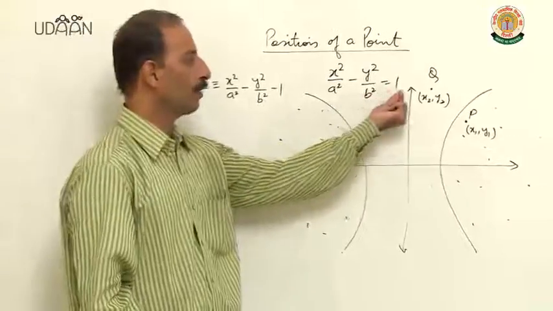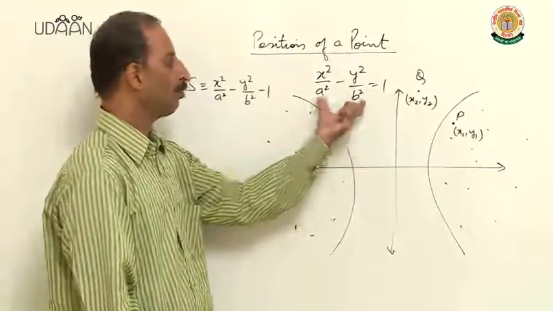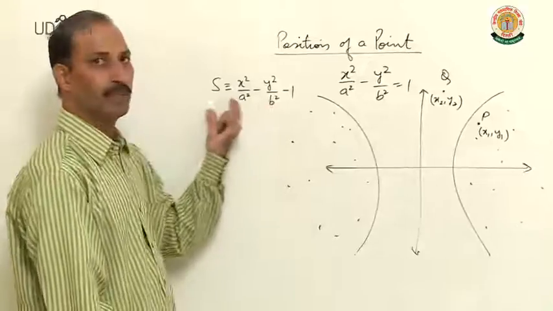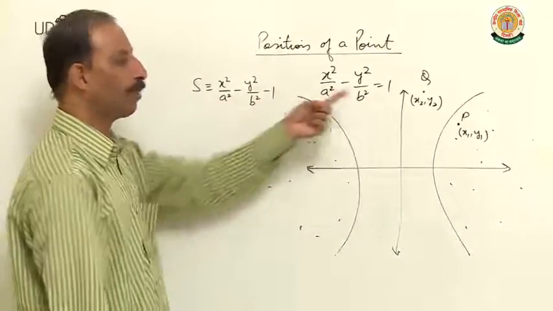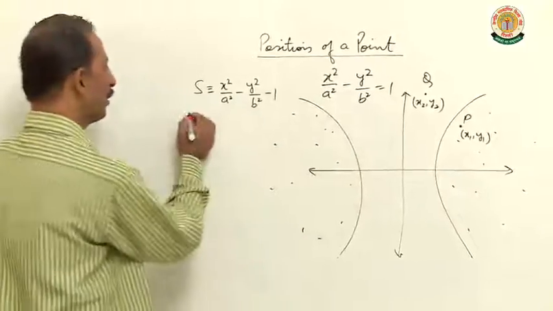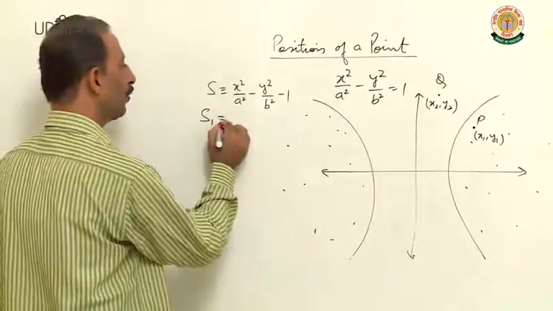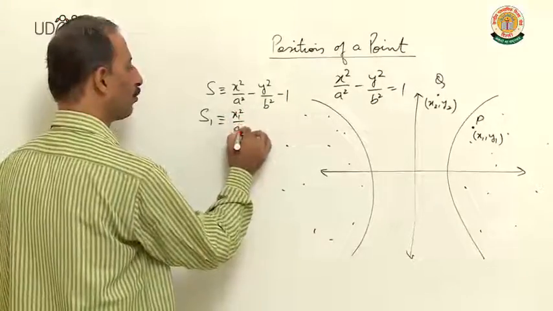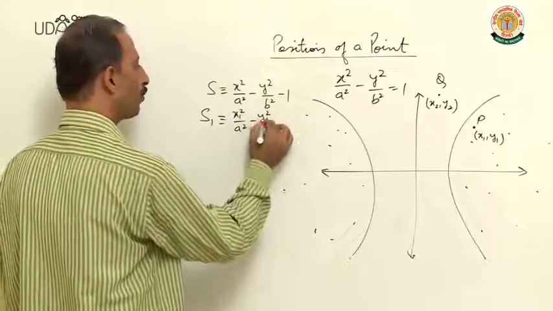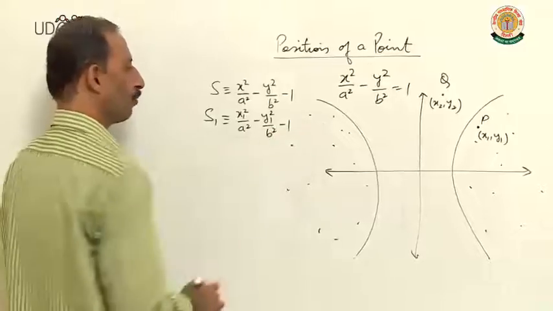If you transfer this 1 to the left hand side, then this whole quantity we denote by S. If you put the coordinates of the point P in S, this is known as S1. So the value of S1 is x1 square upon a square minus y1 square upon b square minus 1.